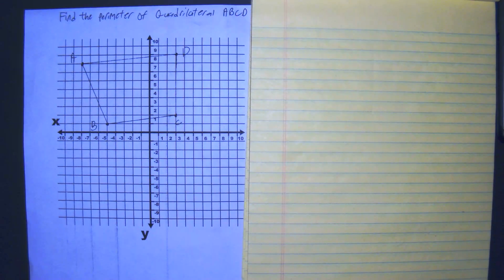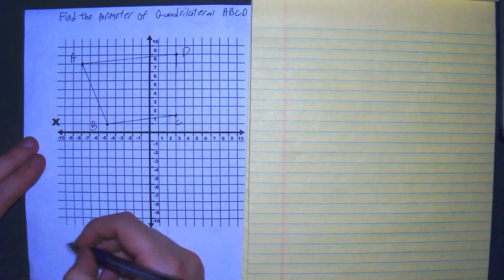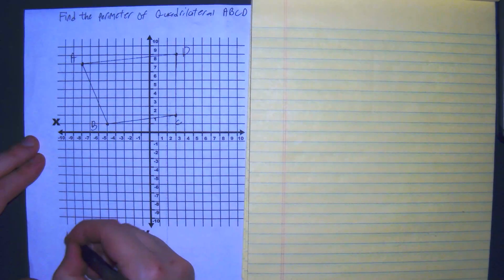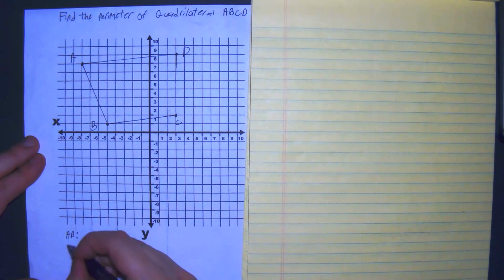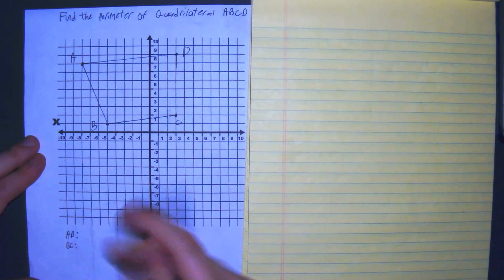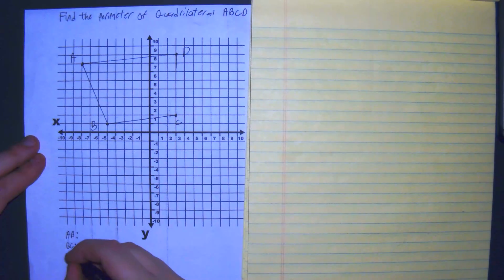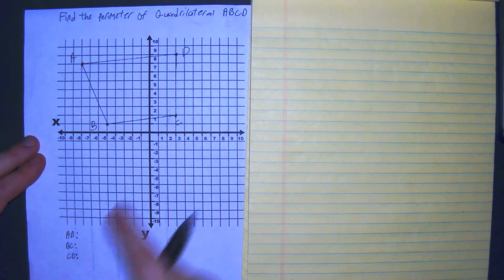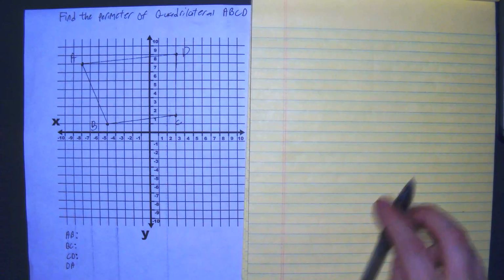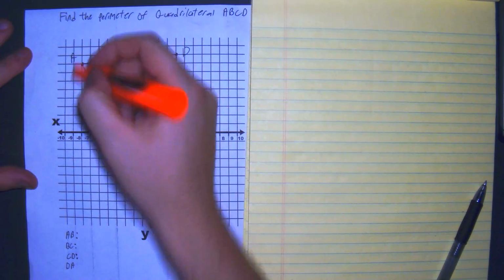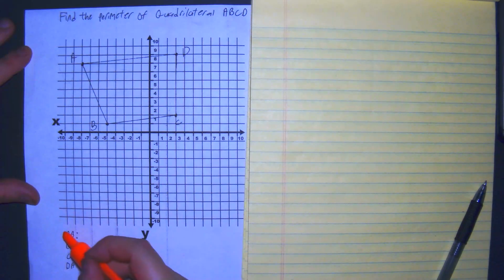Alright, so we need to find the following. We need to find AB. We need to find BC. We need to find CD. And we need to find DA. I'm going to highlight to make sure I cover everything. So AB, I'm going to highlight orange.